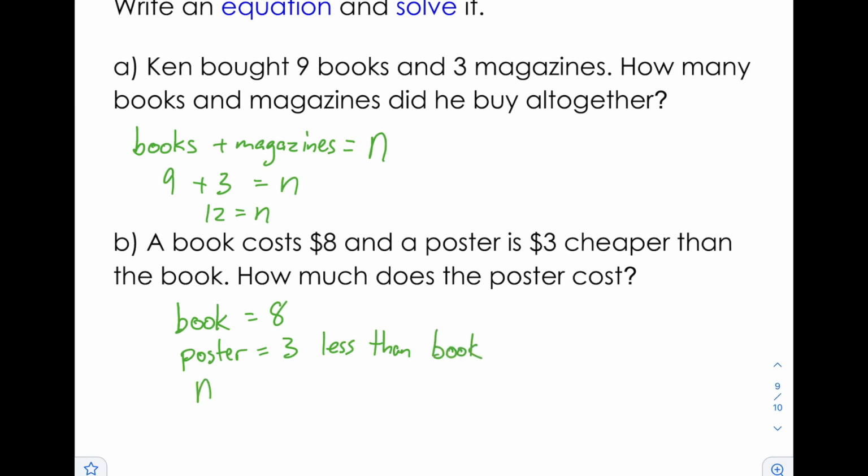And N, our missing amount, is cost of poster. Okay, so if we do 8 minus 3, we're going to get the cost of our poster because the poster is 3 less than the book, which is 8. 8 minus 3 is 5. So we can say the cost of the poster is $5.